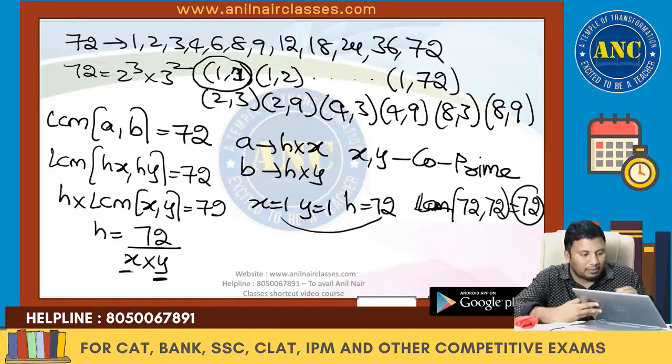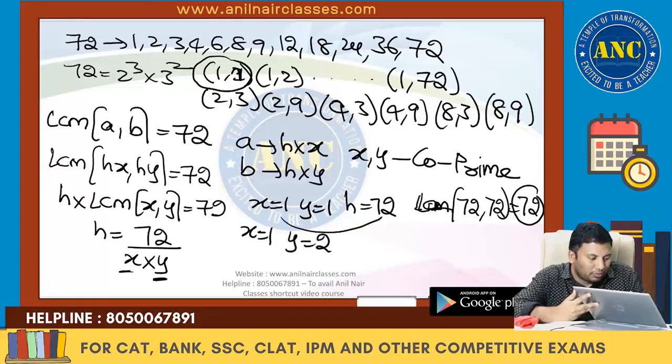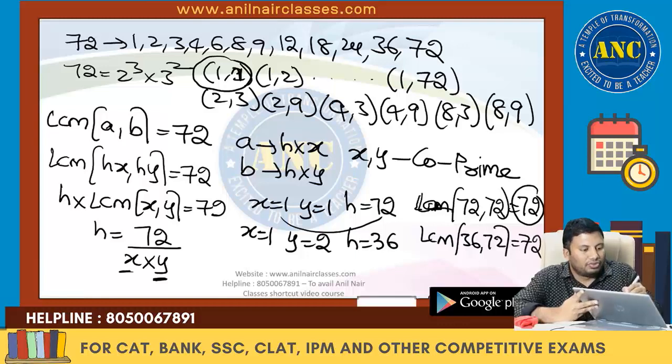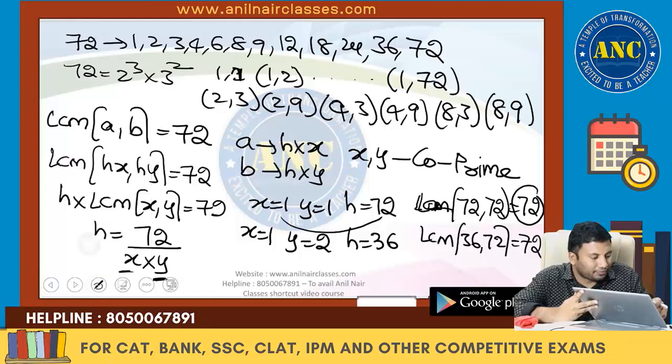I got LCM 72 for 1 comma 1. What is the next set? X is 1, Y is 2. 72 by 2, H will be 36. The number is Hx comma Hy, LCM of 36 comma 72. It is 72.